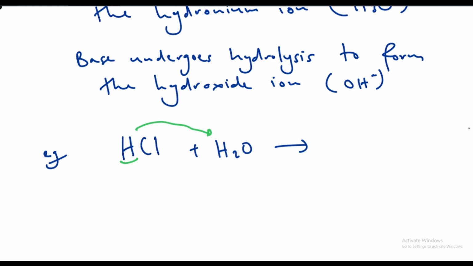It falls under the category of an ampholyte, which is a substance that can act as either an acid or a base. But we'll take a look at that in greater detail in future videos. So this hydrogen attaches itself to the H2O to form H3O plus, and we're left with Cl minus. So this is an example of hydrolysis of an acid.